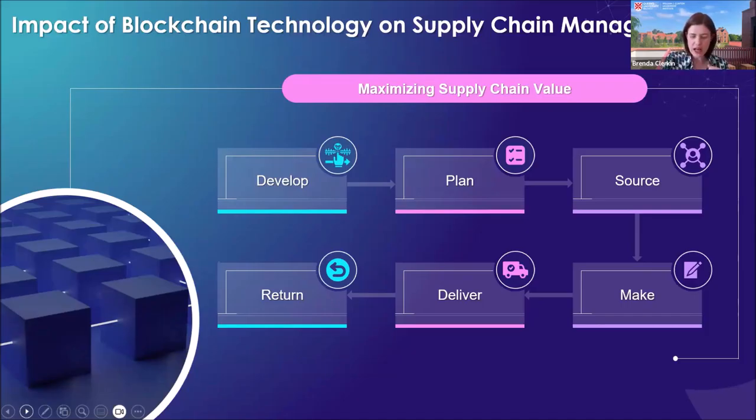First of all, to develop. So if you think about it, if you're able to trace a product right from the beginning of the supply chain to the end, it gives you a much greater bank of information about the authenticity of the product, the detail about the product, what it can do, what it can't do, how to store it, what are the conditions required.